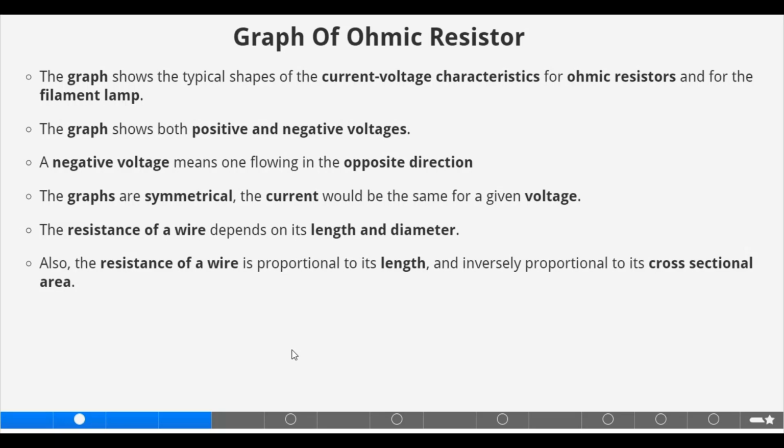The resistance of a wire depends on its length and diameter. Also, the resistance of a wire is proportional to the length and inversely proportional to the cross-sectional area. That will give us what is known as the resistivity of a material.